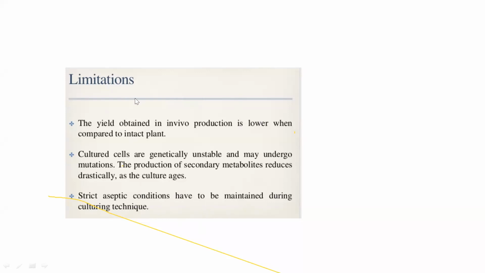If you are able to endure, or if you are able to take this into account, plant tissue culture is the best method for synthesizing secondary metabolites. So these three limitations are the most important limitations.